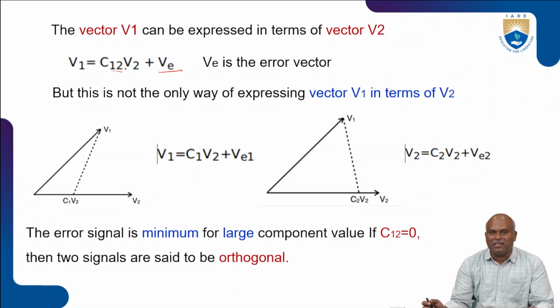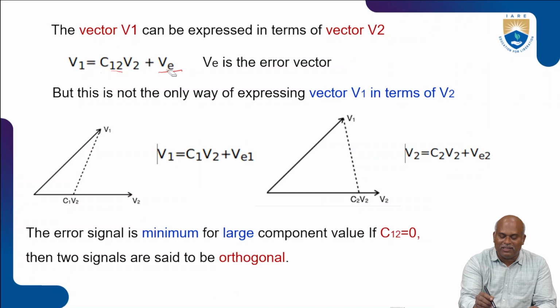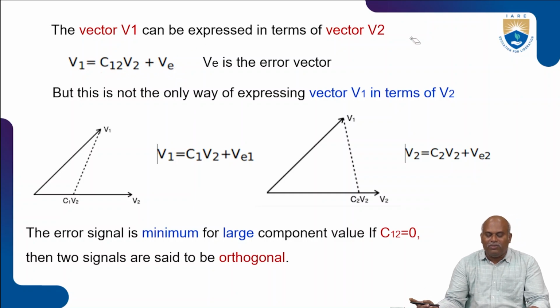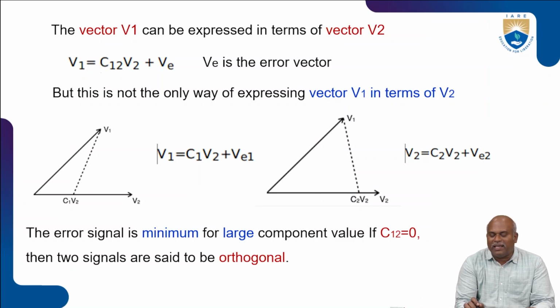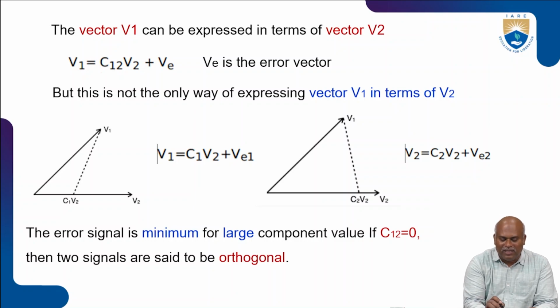C12 is represented as the vector coefficient, and Ve is represented as the vector error between V1 and V2. The vector error and the vector coefficient are not constant, but in this case I take the way of expressing vector V1 in terms of V2 as two different cases of vector analysis.